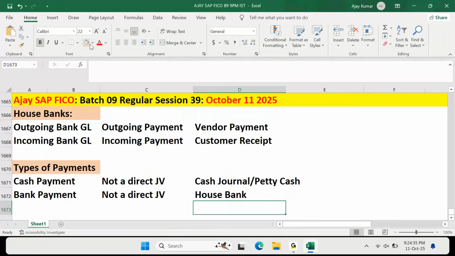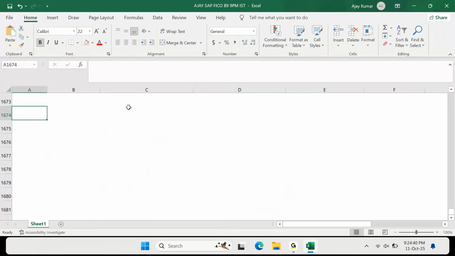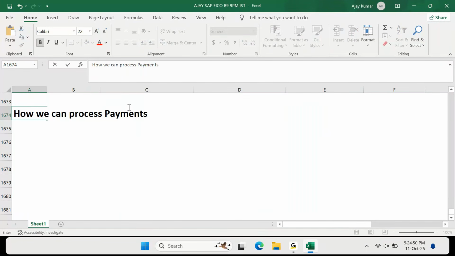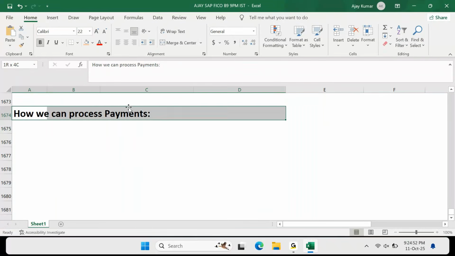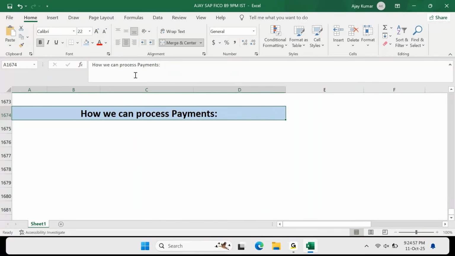Now, next point: how we can process payments. When we talk about how we can process payment, it may be related to a customer or to a vendor, either way.